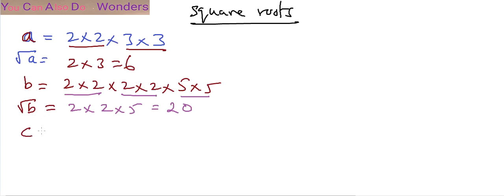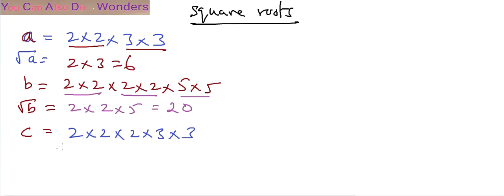Let's take some other number c, which after prime factorization is written as, say, 2 into 2 into 2 into 3 into 3. Okay. So now 2 occurs 3 times, which is not an even number.